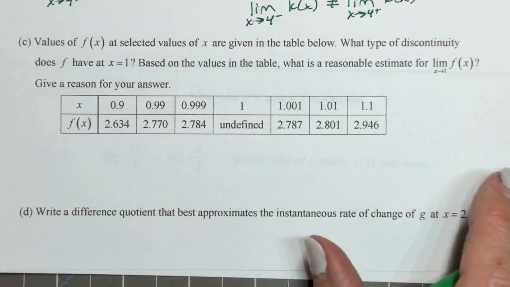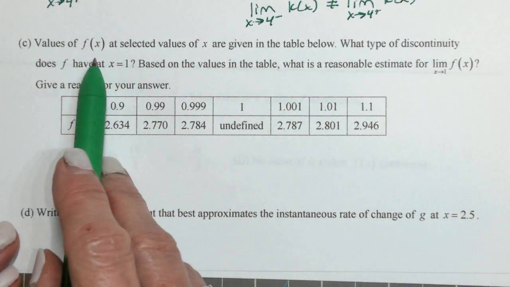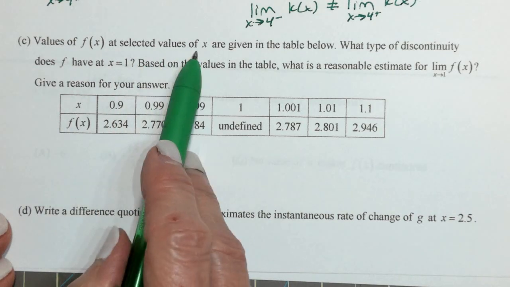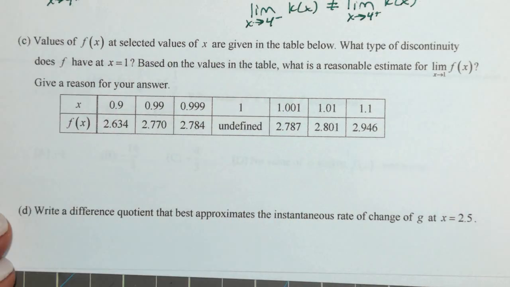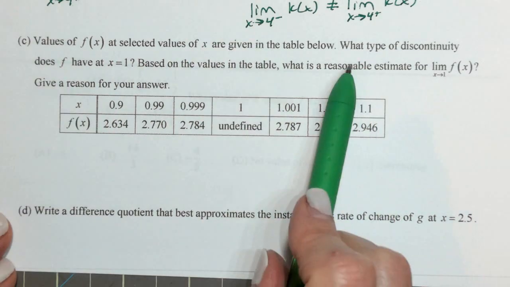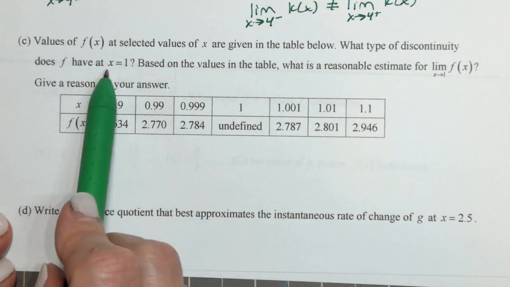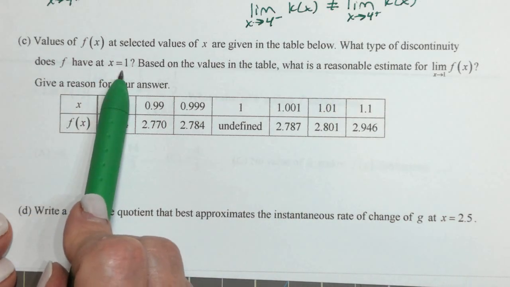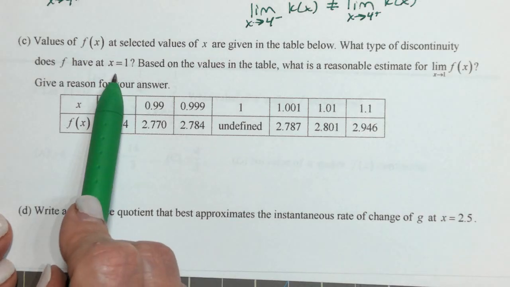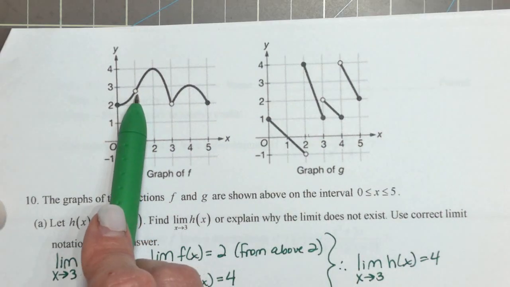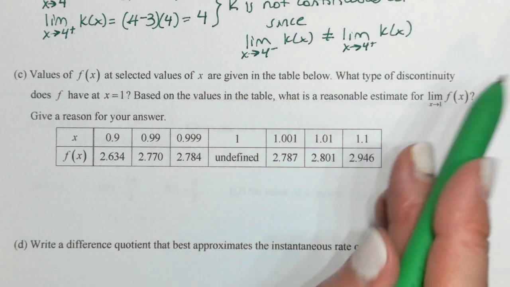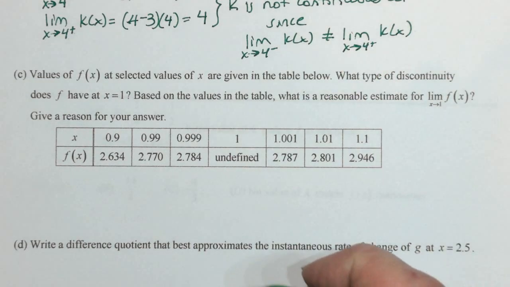Okay, part C. Values of f of x at selected values of x are given in the table below. What type of discontinuity does f have at x equals 1? Well, at x equals 1, I can look right here and I know that we've got a hole, right?